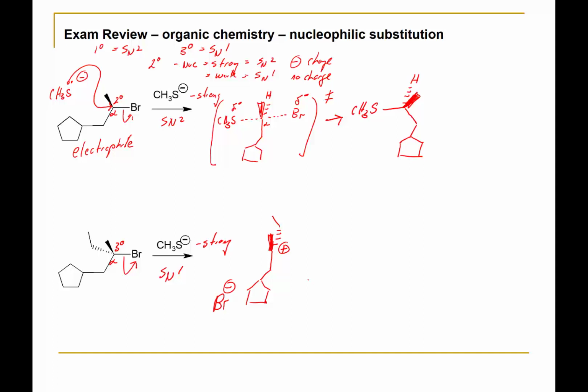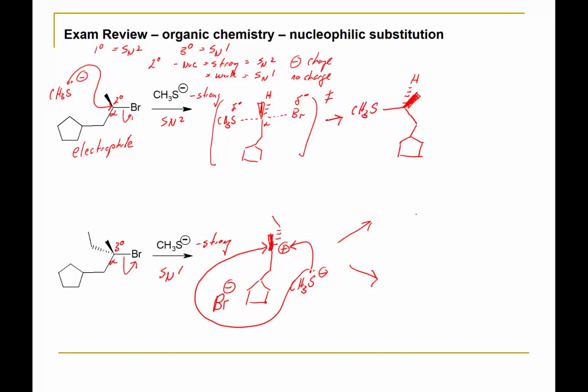Now, it is at this stage that the nucleophile plays a role. I can show the attack of the nucleophile occurring from either side, and therefore, actually, there are two possible products.